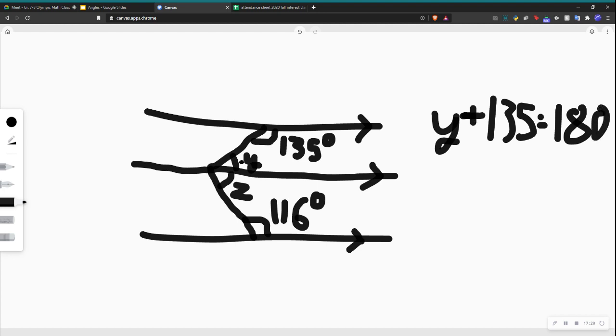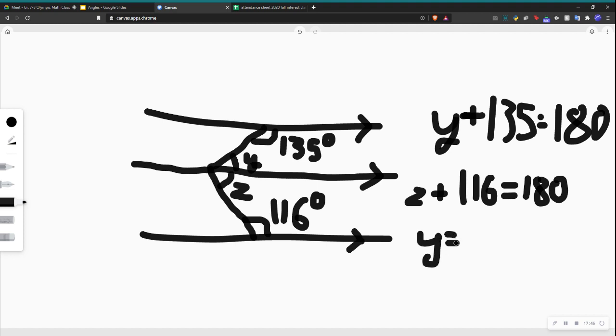All right, so we have Y plus 135 is 180. Z plus 116 equals 180. If you solve for this, you get Y equal to 45. Z would equal 64.